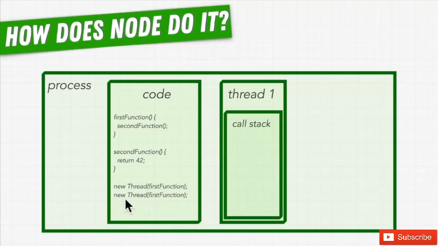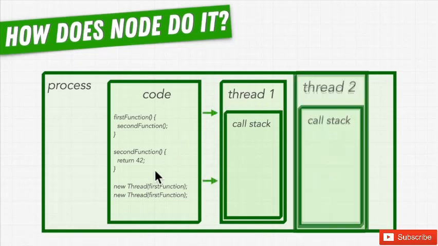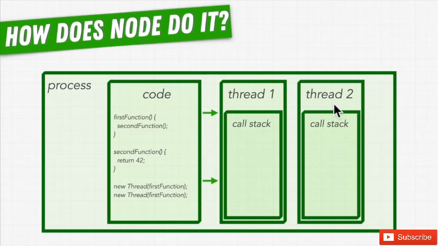So what would happen in this code is we would first create that new thread, but then we would do the same thing again. We would create a second thread with its own call stack. And these two threads would run asynchronously. So in thread 1, for example, we might go through the same flow that we saw previously. We might call first function, call second function, and so on.